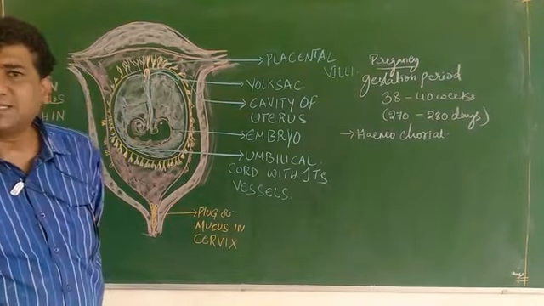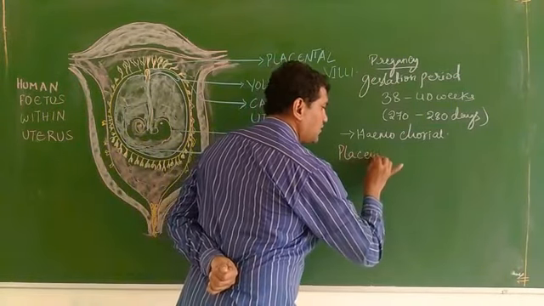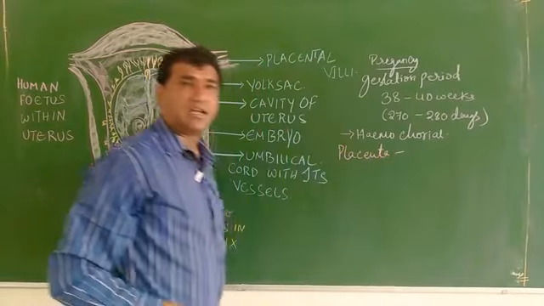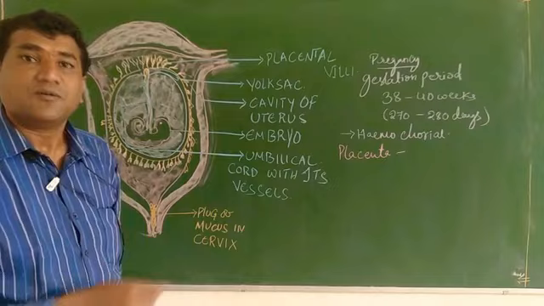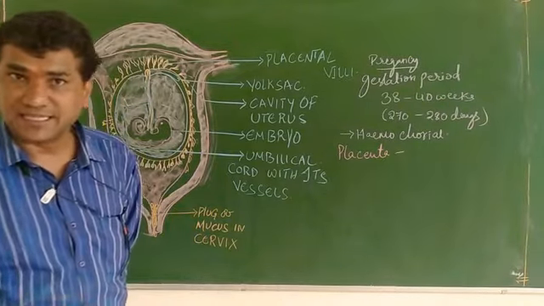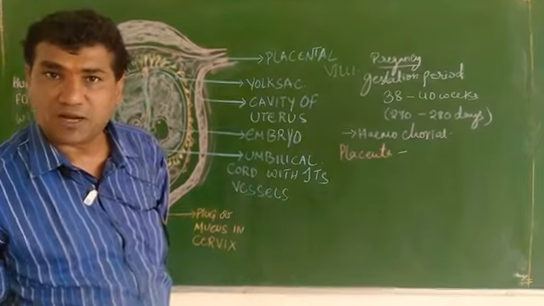And we have discussed the placenta. The placenta is the structural and functional unit of the pregnancy system, which generally does 3 important functions.